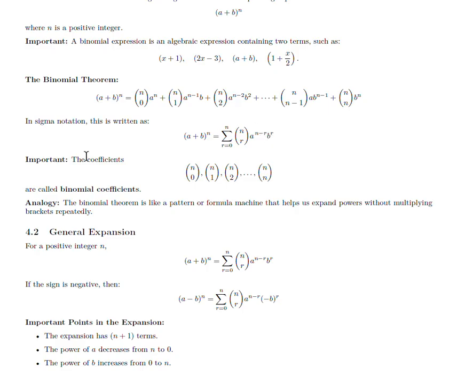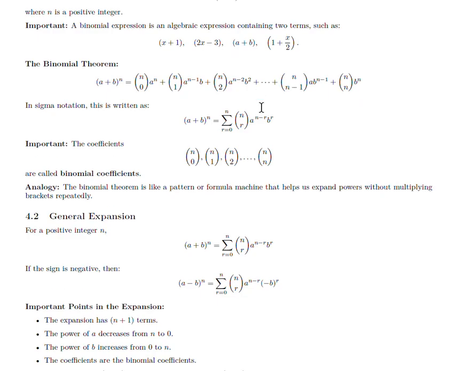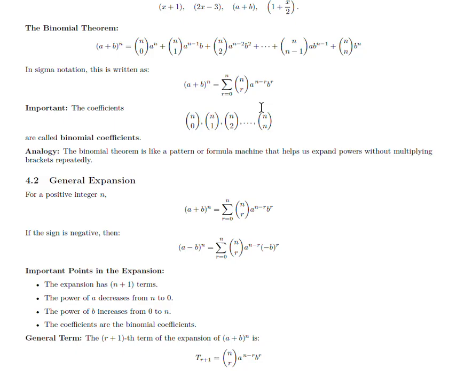Now take note that the coefficients of our terms in the expansion are these combinations: n combination 0, n combination 1, n combination 2, and so on. And when we see an example, we'll be able to study some patterns in this binomial expansion that make it easy for us to understand.